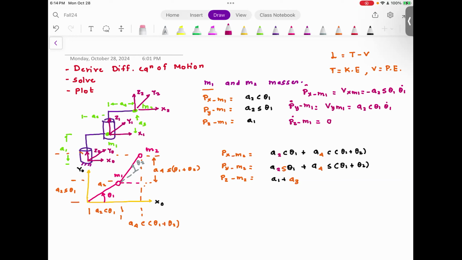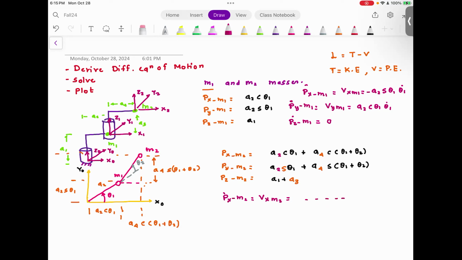Now I can repeat the exact same process for Px M2, Py M2, and Pz M2. We can do that by hand, or better yet, just use MATLAB. So what I need to do is find out from these expressions Px dot M2, which is nothing but Vx M2.